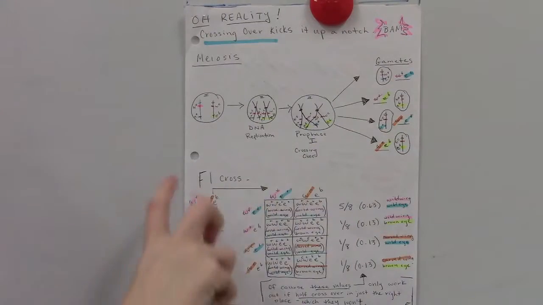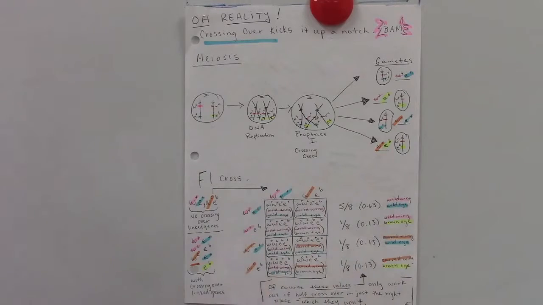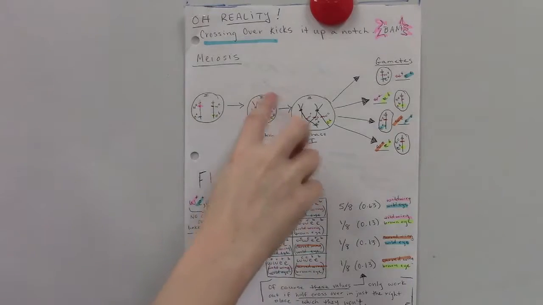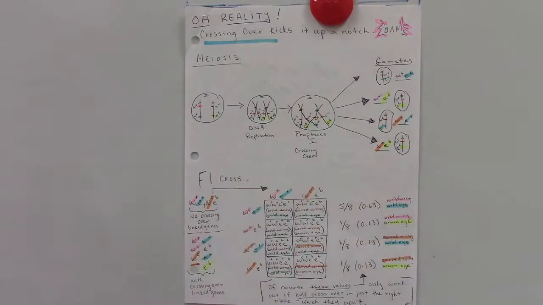So, if we mated these, now the way I've got this going right here, we're assuming that we're going to mate a parent whose gametes had no crossing over with a parent who did this crossing over situation right here.